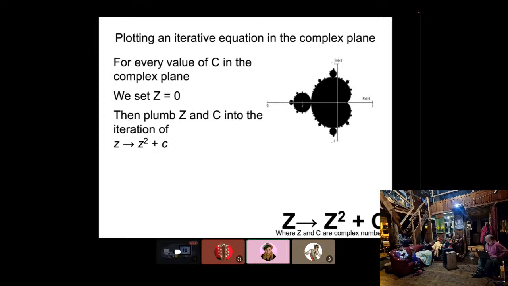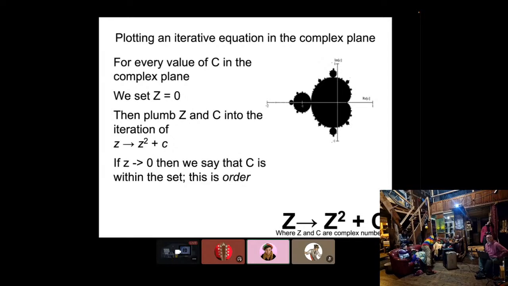That's true. Thanks. So what we do is we set Z to 0, and then we plug Z and C into the iteration. Okay, so we're going to start with Z is 0. We compute it for a certain value of C. So the initial value might be C is -2 plus -1.25i.